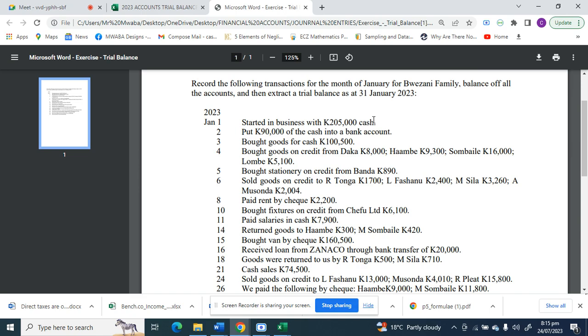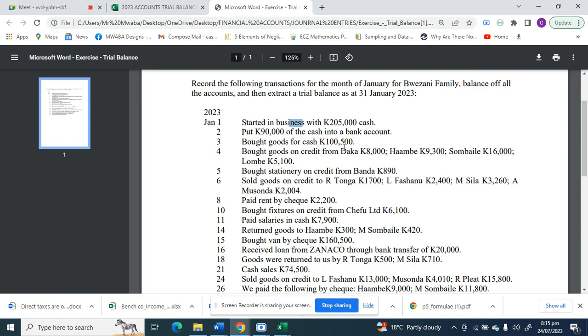Oh, I forgot. Whenever you are dealing with journal entries, always remember you have to identify the financial transaction that is going on. After you're able to identify the financial transaction, then you have to know which two accounts are involved.